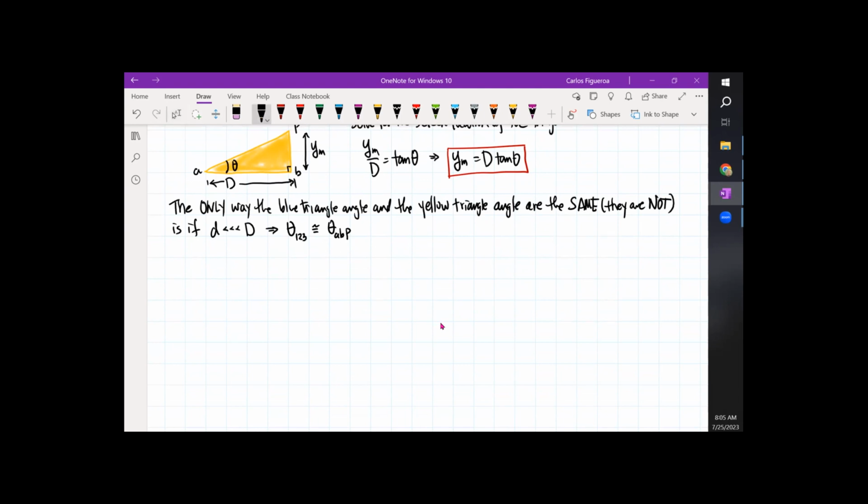So, there are two possibilities. And I'll call this case number 1. In case number 1, we have no small angle approximation.